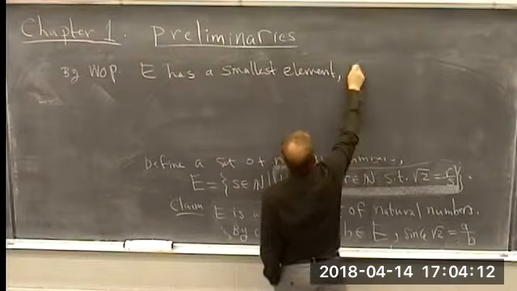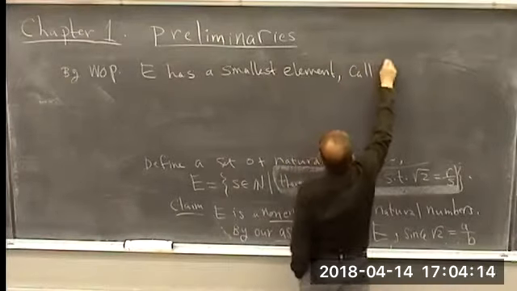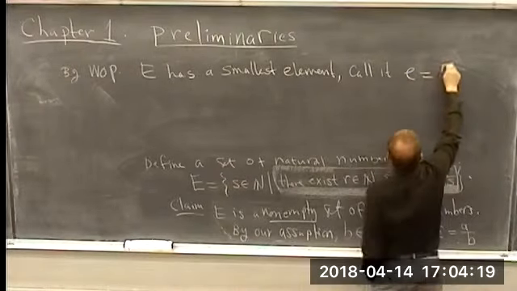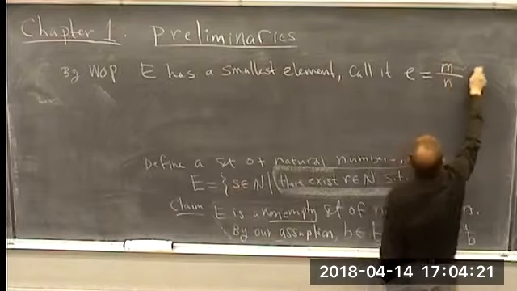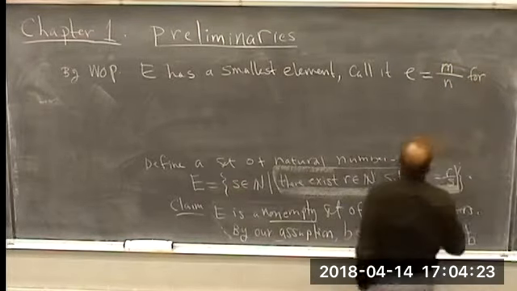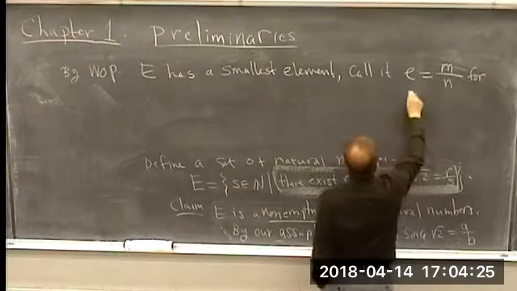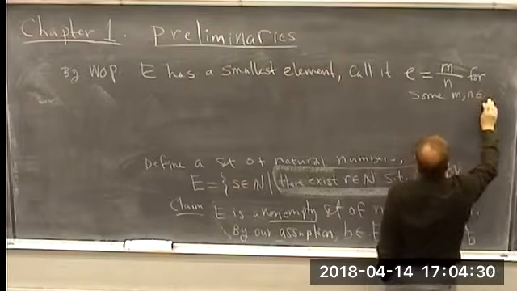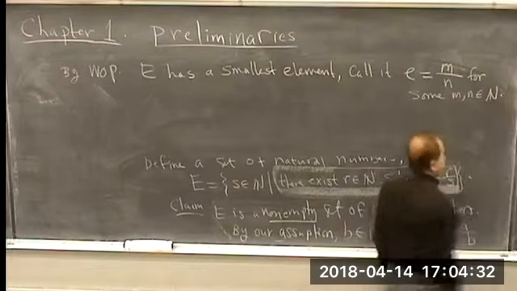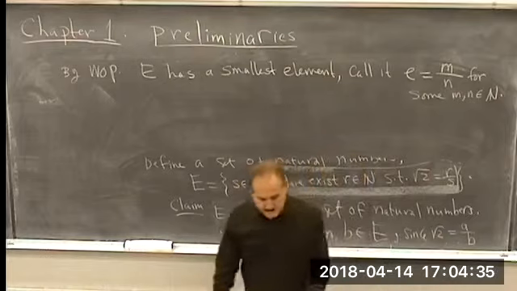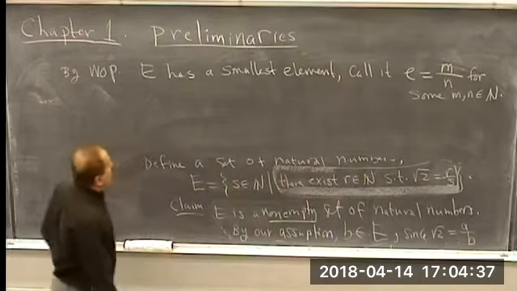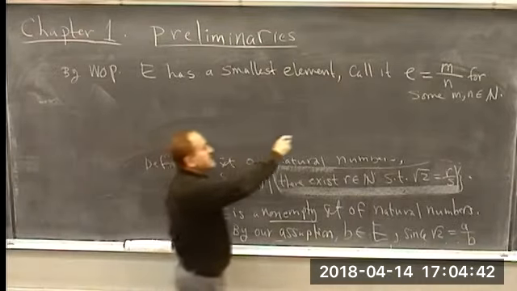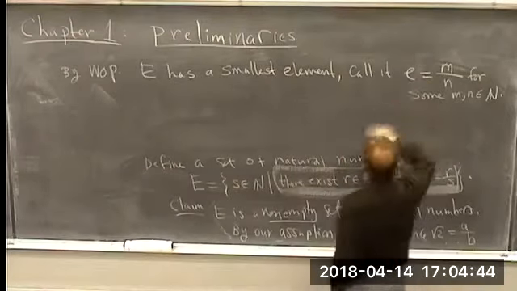Let's call it little e, and this is equal to m over n for some m, n natural. All right, so what we have in here, this e actually is going to be the square root of 2.